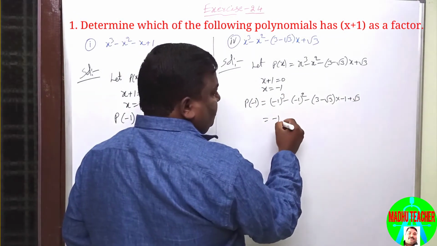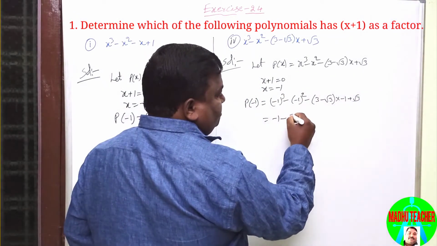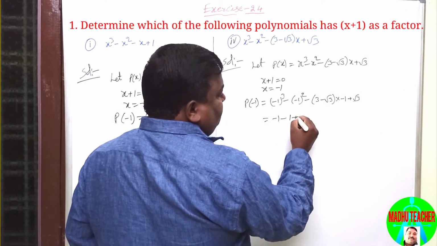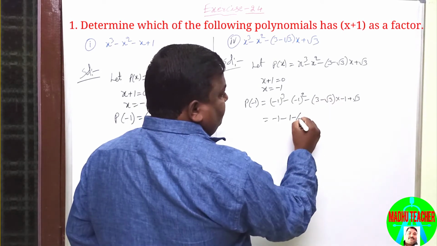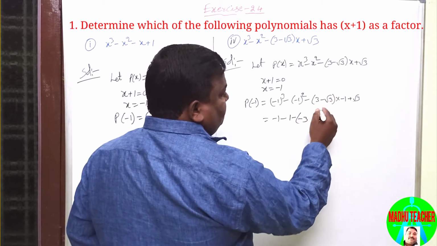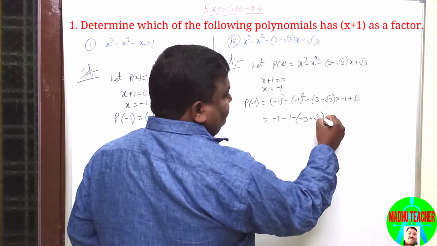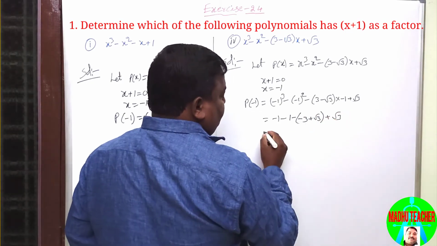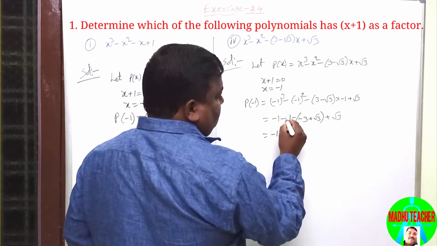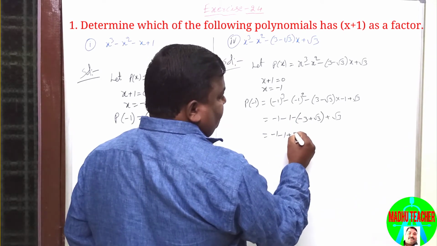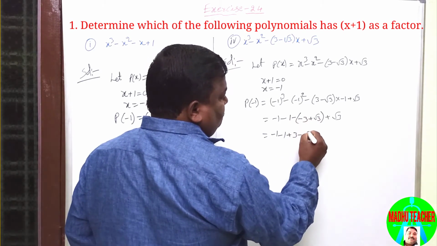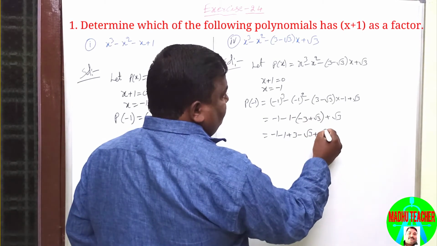Minus 1 whole cube is minus 1, minus 1 whole square is plus 1. So minus of, taking minus 1 into inside, plus into minus, minus 3, minus into minus plus root 3 plus root 3. Now minus 1, opening the brackets, minus into minus plus 3, minus into plus minus root 3 plus root 3.